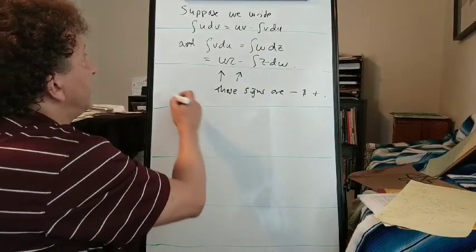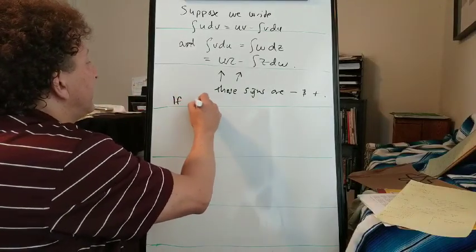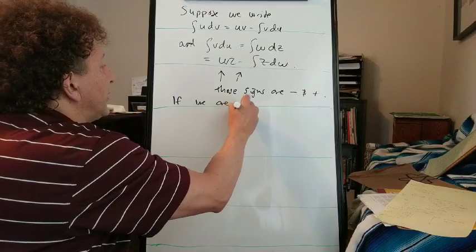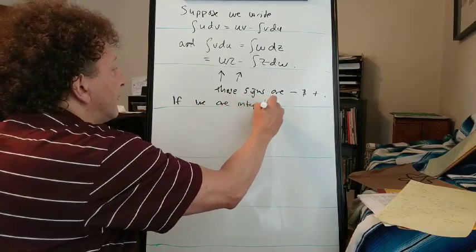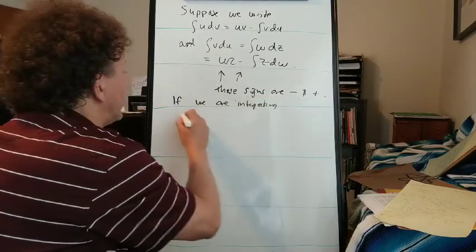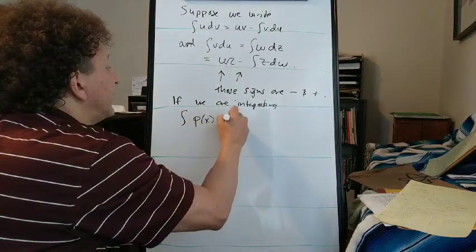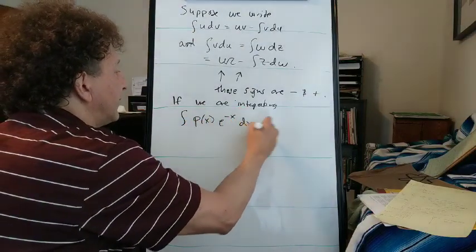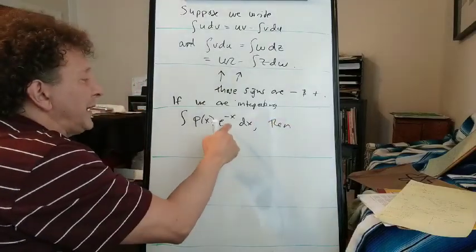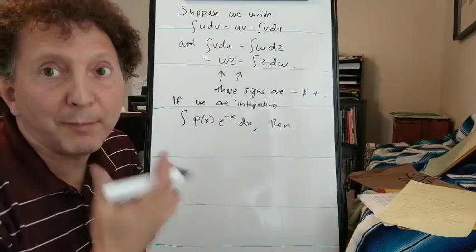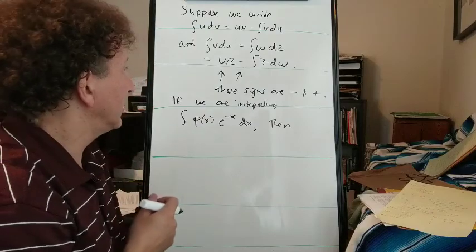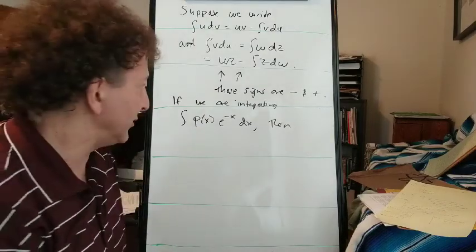And then if we're integrating something like p of x e to the minus x, then every time we integrate this exponential function, we've got another minus sign coming into the picture, which gives us another opportunity to get signs wrong.